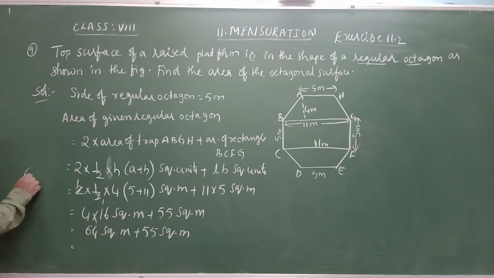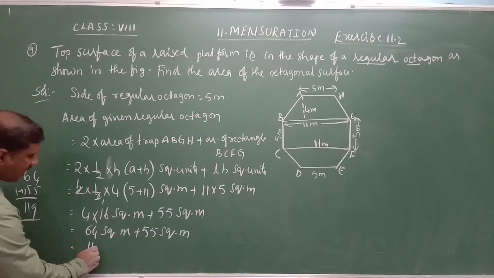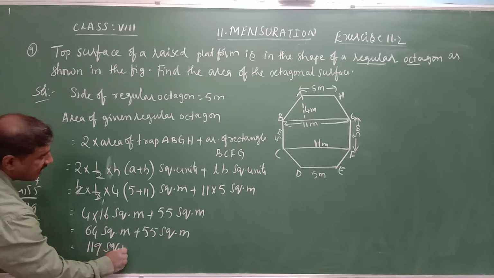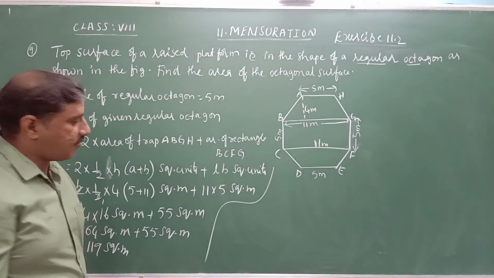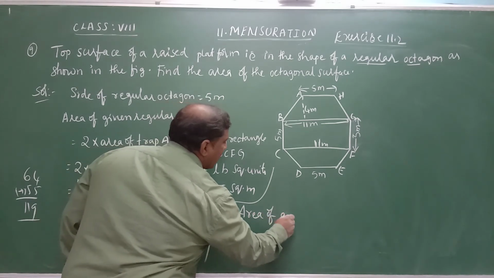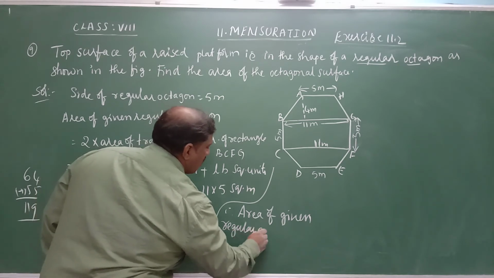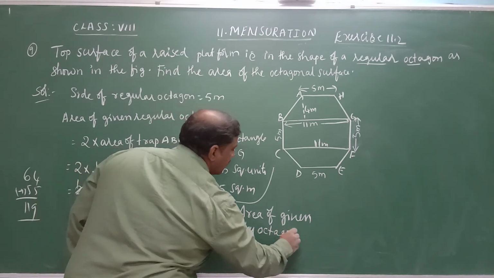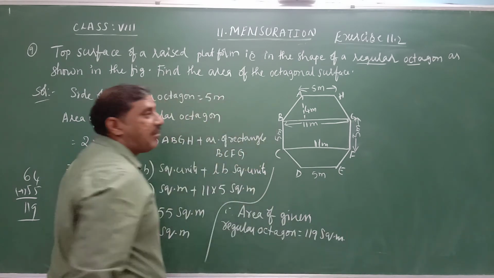Add both: 64 plus 55. 4 plus 5, 9. 6 plus 5 is 11. 119... 190 square meters is the area of the regular octagon. Therefore, area of the given regular octagon is equal to 190 square meters.